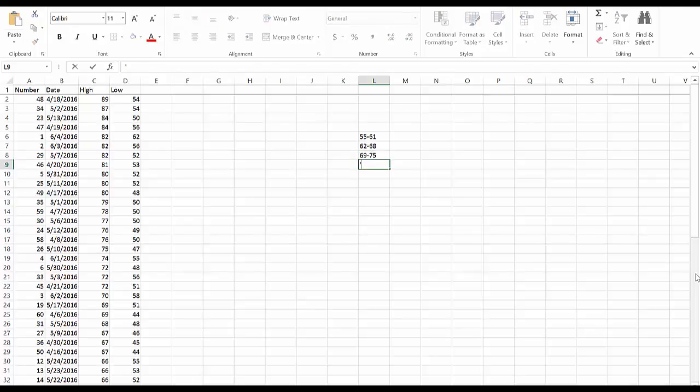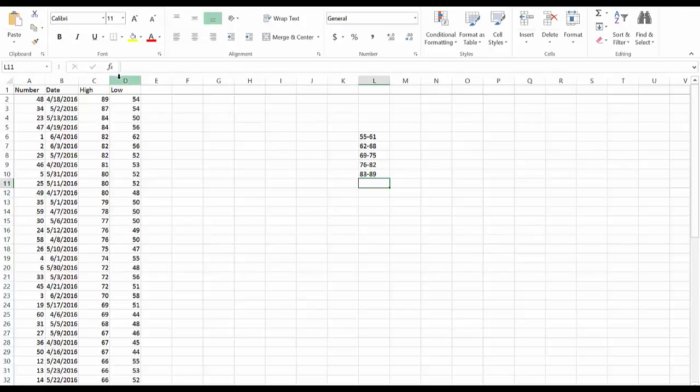My fourth category will be 76 to 82. And then my last category will be 83 to 89. Okay, so how I got at that was my highest high temperature was 89, my lowest high temperature was 55. The difference is 35. I want 5 categories. So each of these categories has to represent 7 degrees because 5 times 7 is 35.